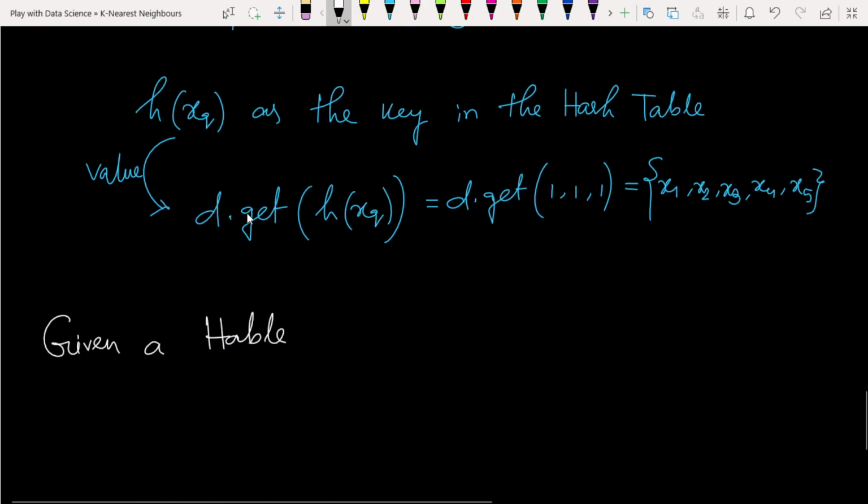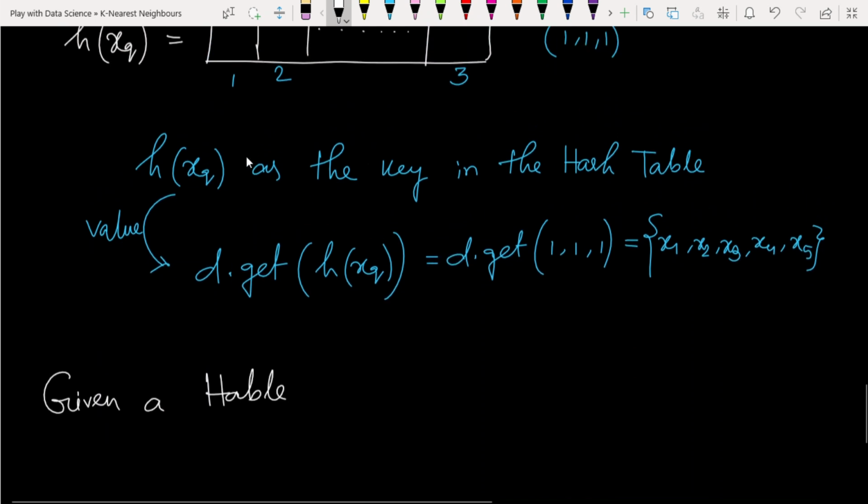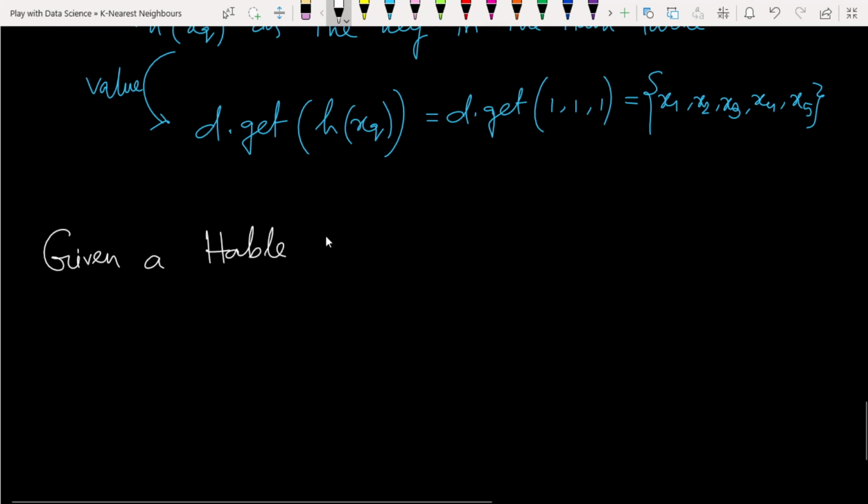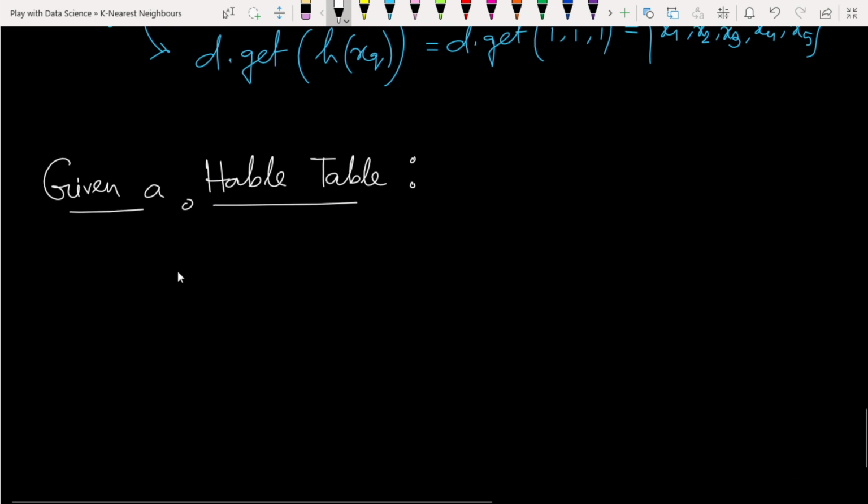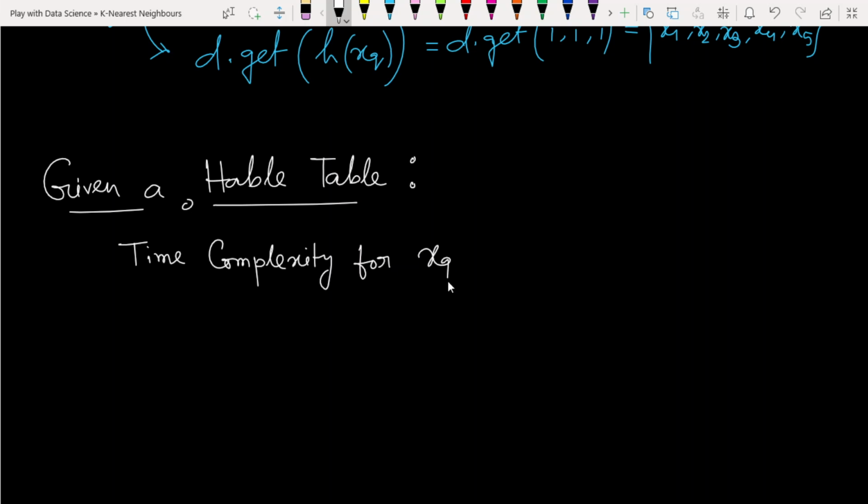Now what is the time complexity to find the hash value of a query point? For a query point xq, we have to calculate h of xq.